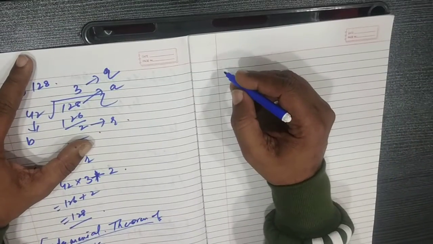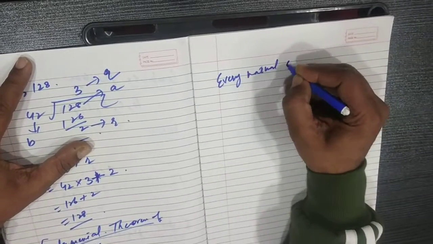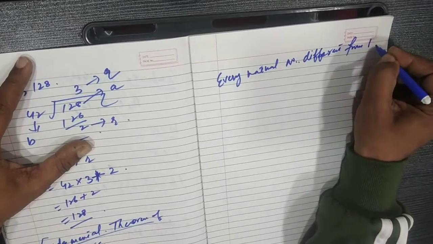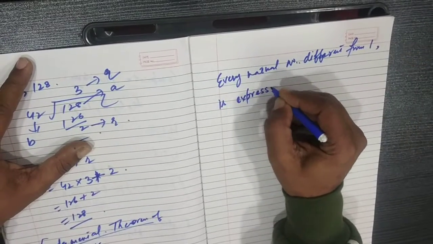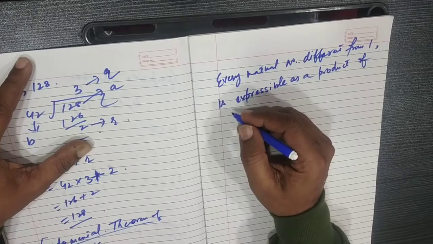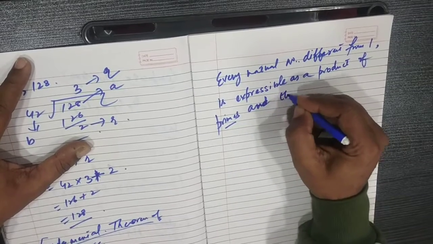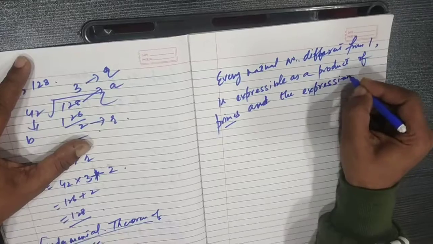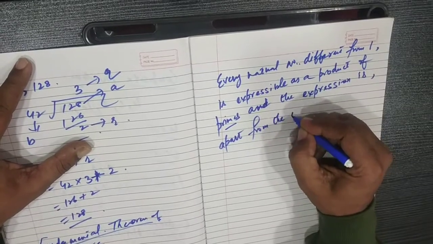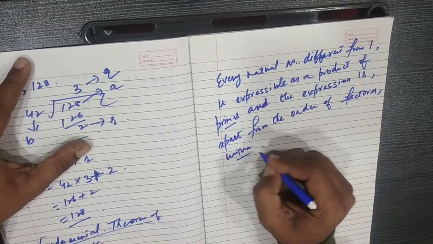So according to the fundamental theorem, the statement of this theorem is: every natural number different from 1, that is not 1, is expressible as a product of primes, and the expression is, apart from the order of factors, unique.